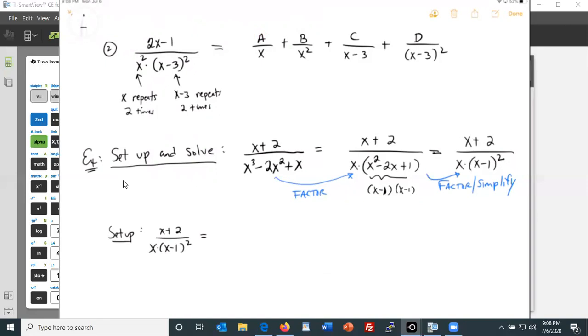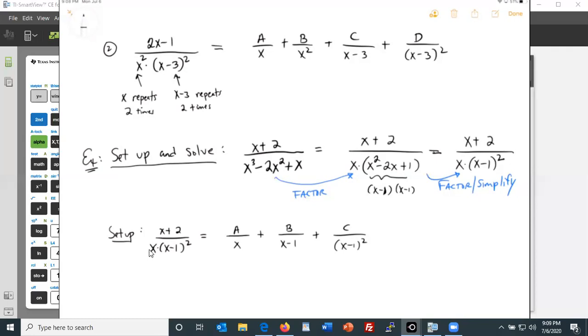So we would have to set this up as A over x plus B over (x - 1) plus C over (x - 1) squared. We have to do it for x minus 1 because x minus 1 repeats here twice. X is to the first power, so it only appears once. So I don't need an x squared term because it doesn't exist as a factor.